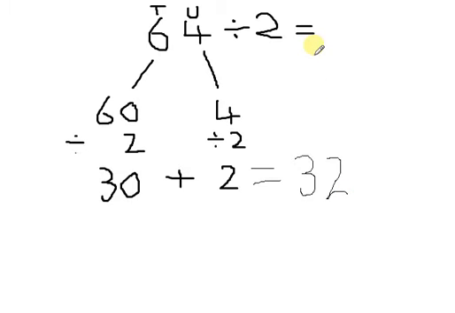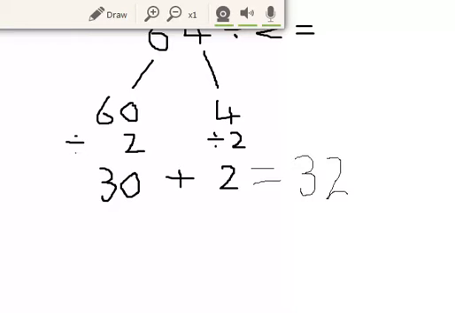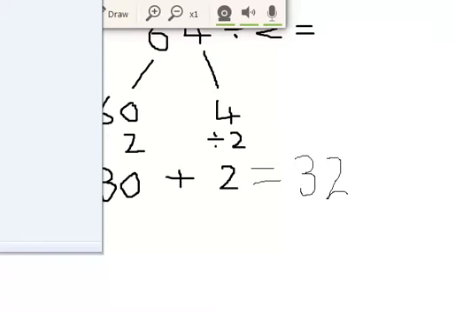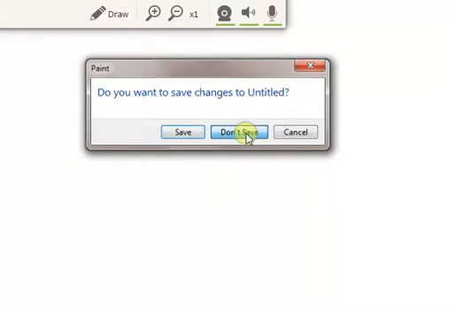Now, I'm going to do a slightly different one now, and this time the tens is going to be a little bit trickier, okay? So let me just get a new page up. Okay, right.